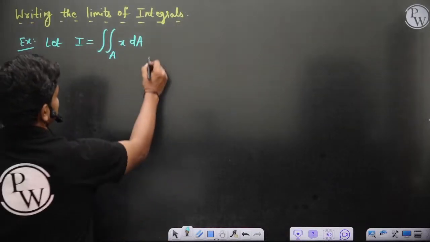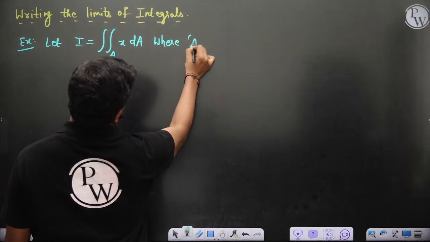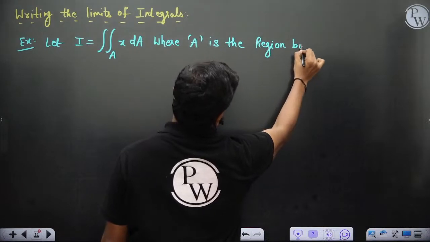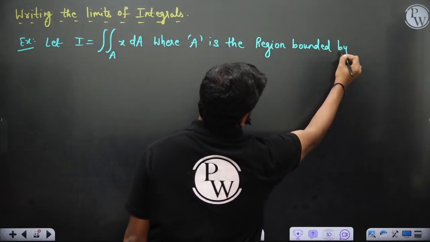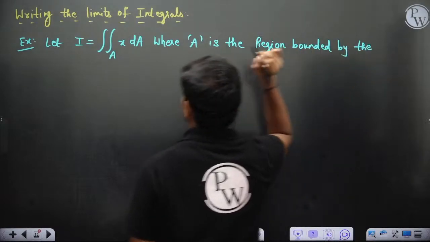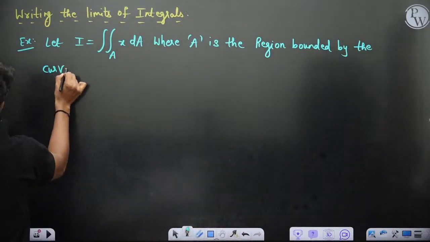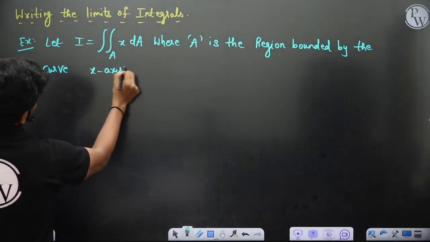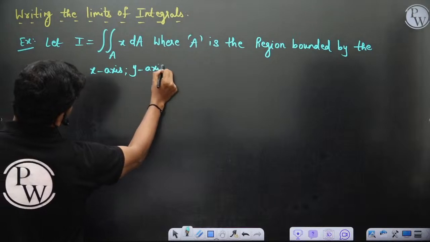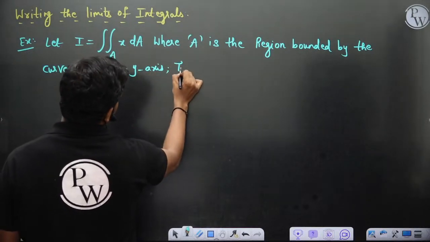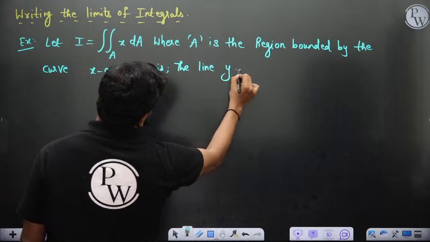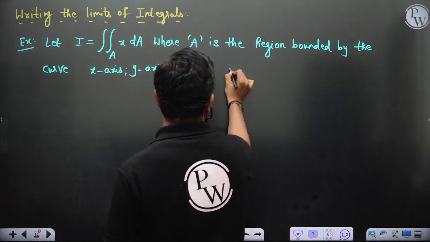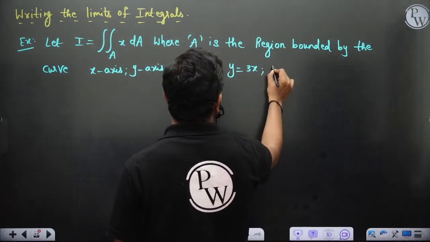So where A is the region bounded by the curves, let's say maybe the x axis, y axis, the line y equal to 3x, and x is equal to 9, let's say.